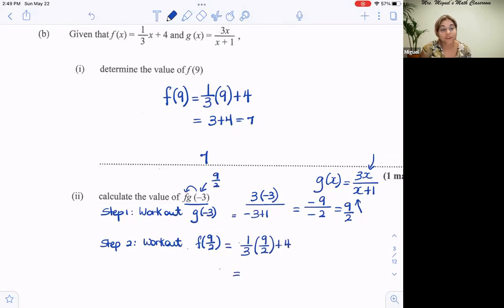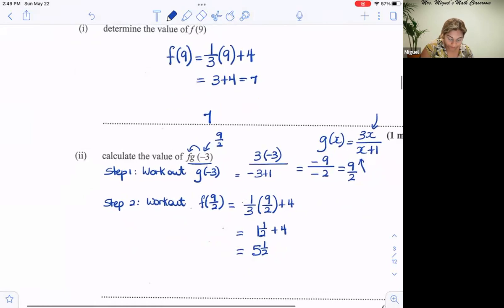Yes, it is fractions, but we have a calculator. So 1/3 multiplied by 9 over 2 will give us 1.5 plus 4. And when we add 1.5 to 4, we'll get 5 over 2 or 5.5.